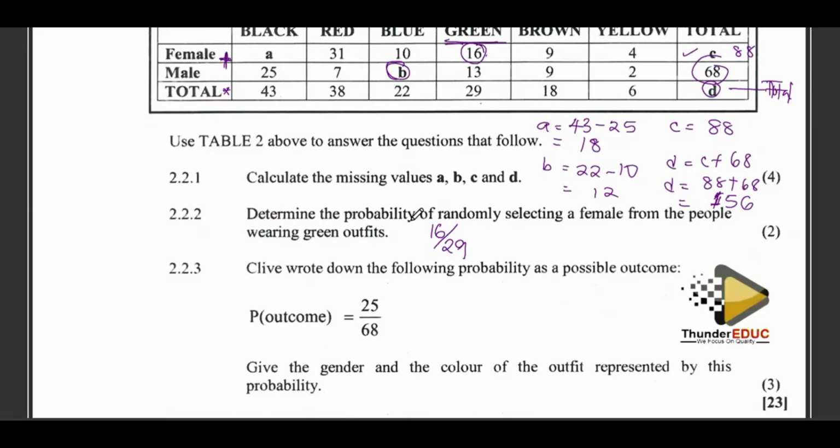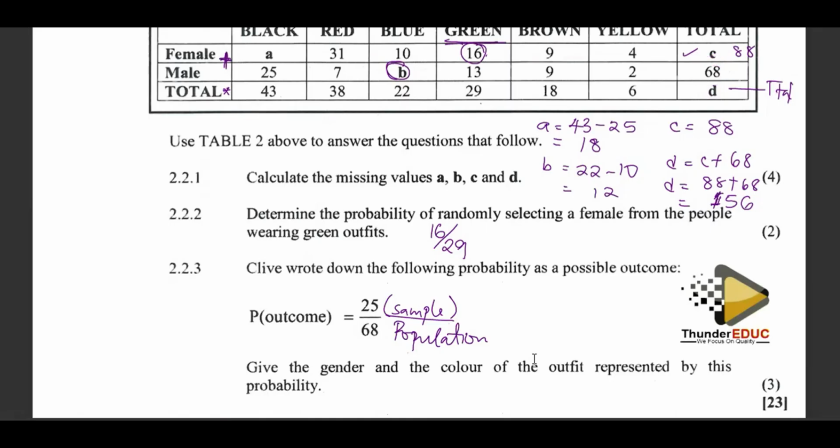Okay. Clive wrote down the following probability as a possible outcome. It says outcome, so give the gender and the color. Now, ask yourself, this is the sample over what we call the population. So which total do we have here?